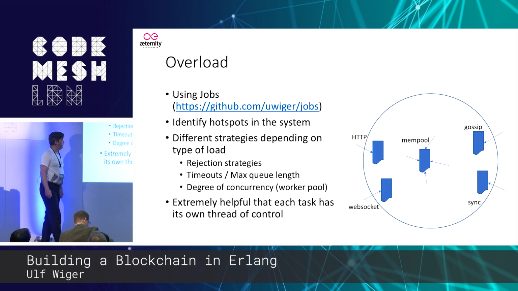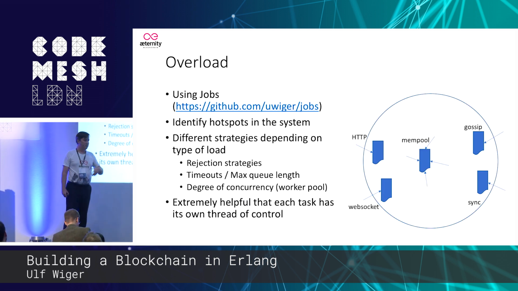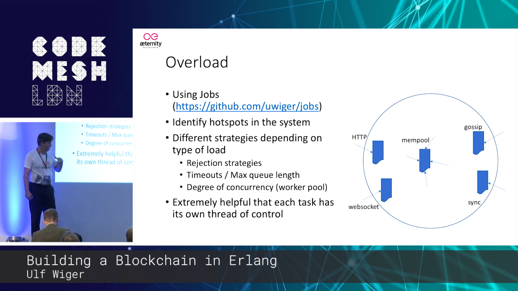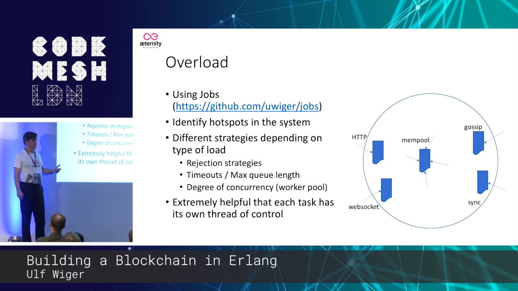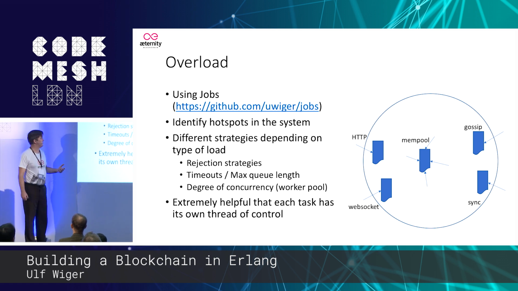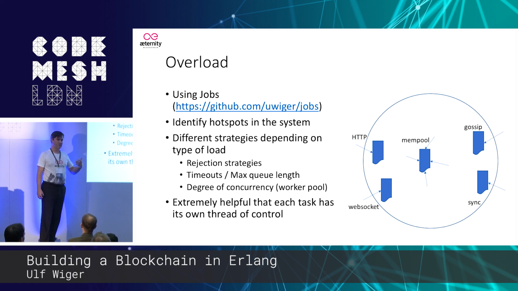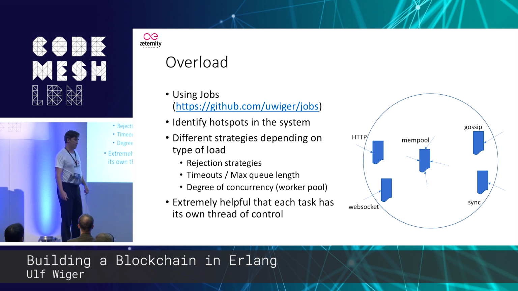So, another big thing, and I noticed that Ethereum has had some problems that they call the DOS, denial of service problem. It's not really a denial of service problem, it's just that the system gets overloaded. And so of course that happens also when we run our load tests.